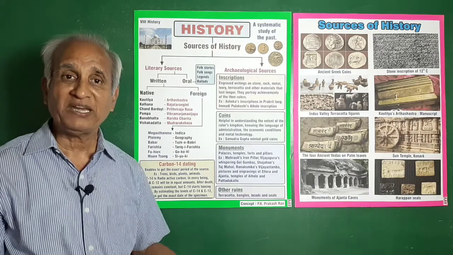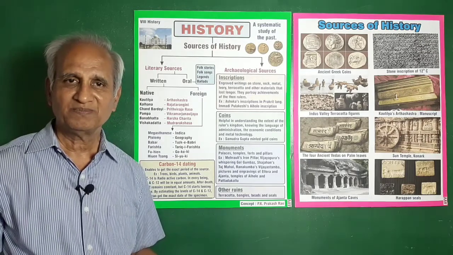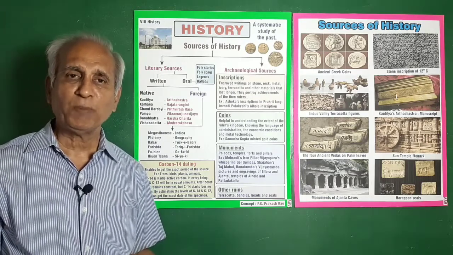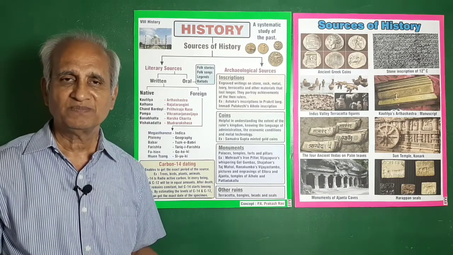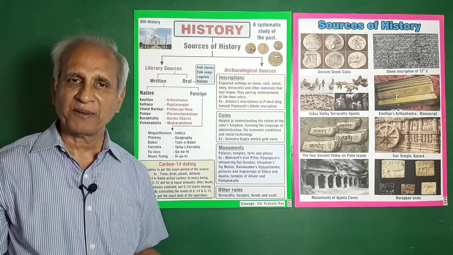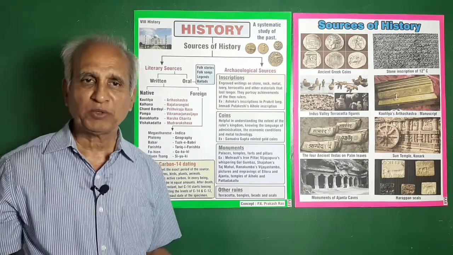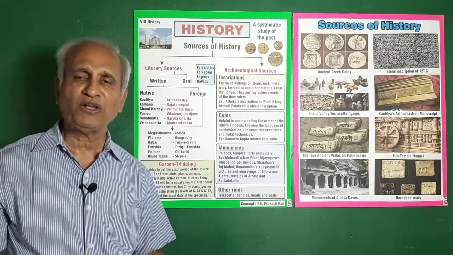We have recorded history of about 7,000 to 8,000 years. So that's the difference. Most of the European countries do not have a very long history. But countries like Japan, China, India, Egypt, Mesopotamia, that is the present Iran and Iraq, they have very long history.